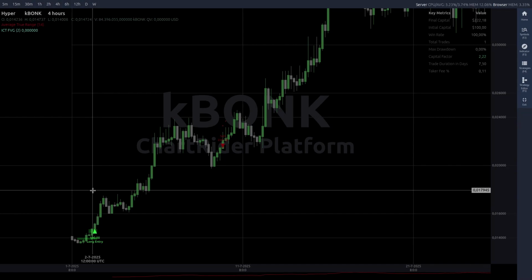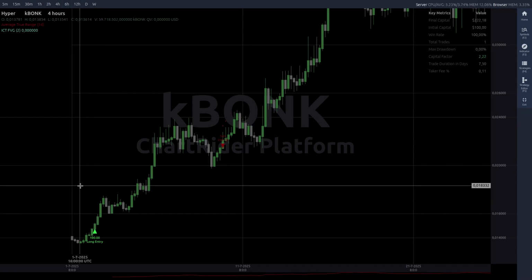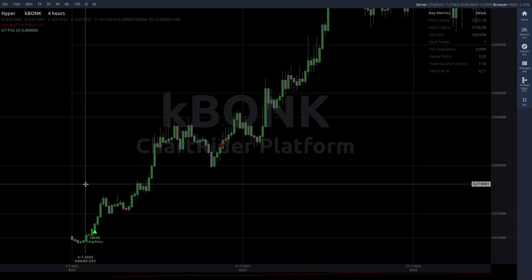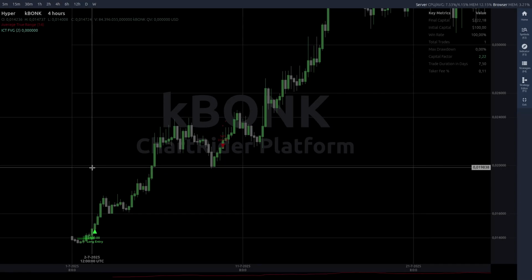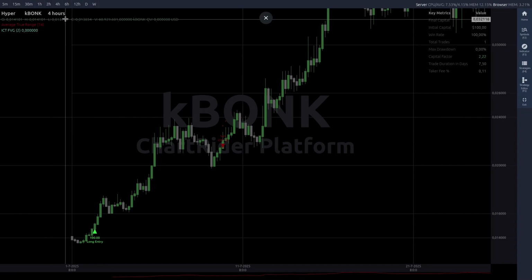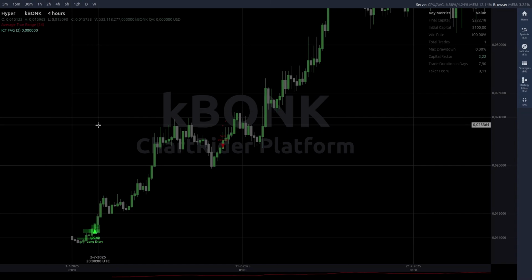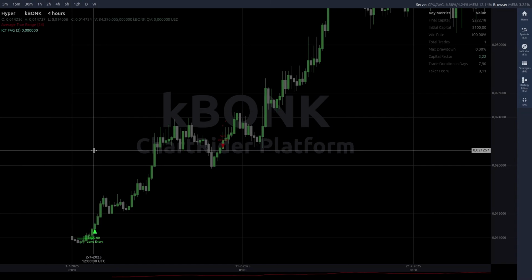What I did is interpolate time frames from a base time frame by an integer multiplier. When the multiplier is 2, I would be on an 8-hour chart in this case, because now I'm on a 4-hour chart. And when the multiplier is 3, I would be on a 12-hour chart.